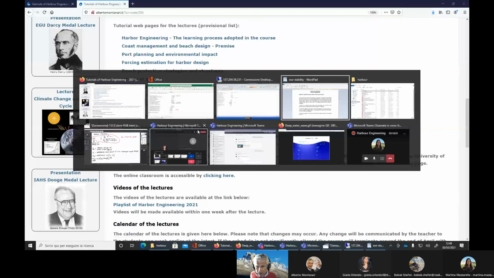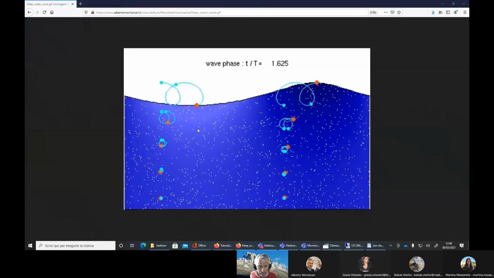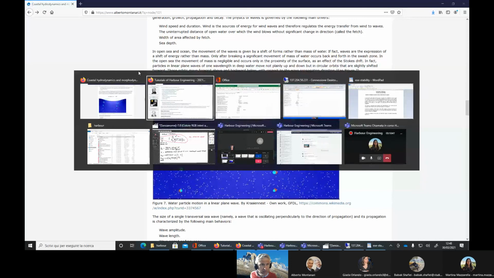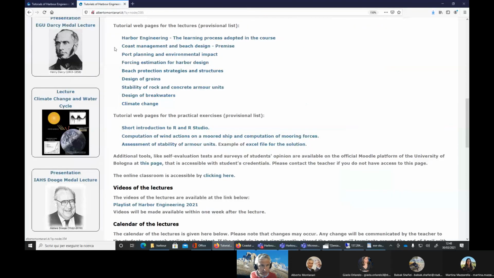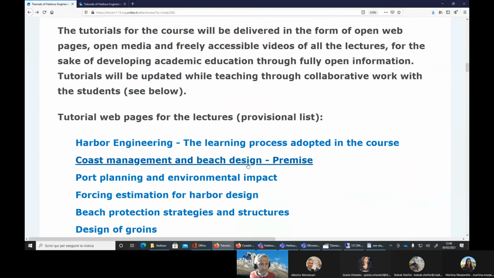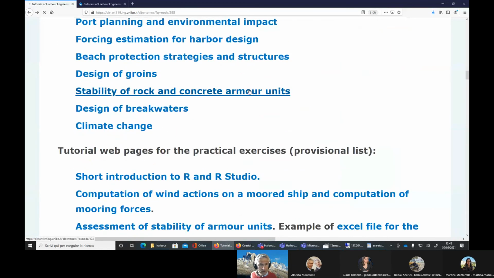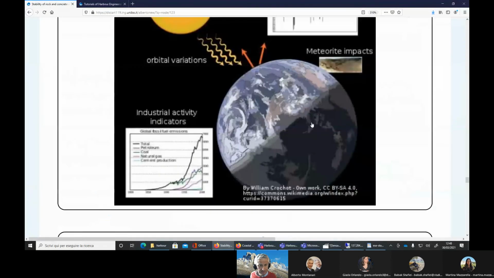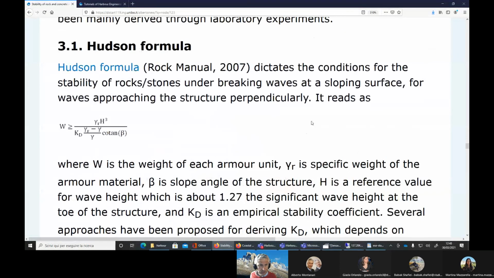I think it's already open somewhere. Let me check. I think I closed it. Ah, no, it's here. Stability of rock and concrete armor units. Let me go to the Hudson formula. Here.